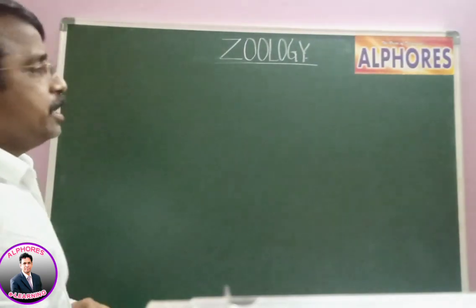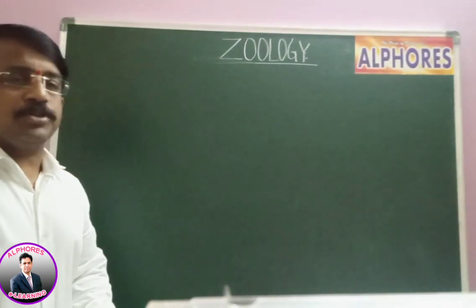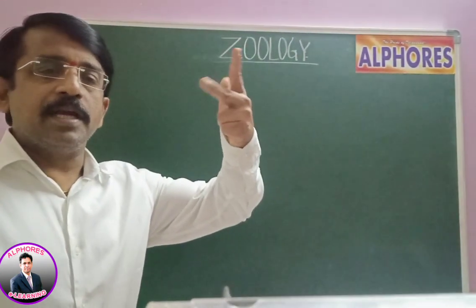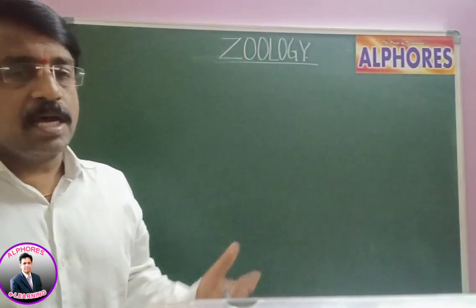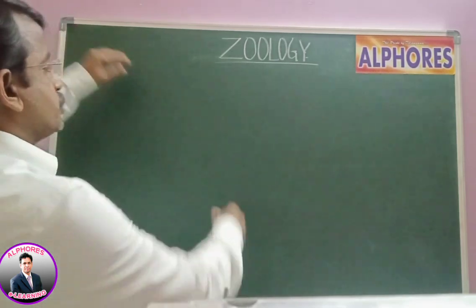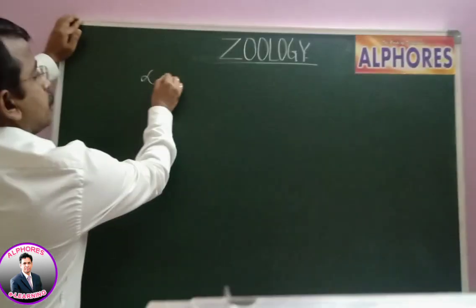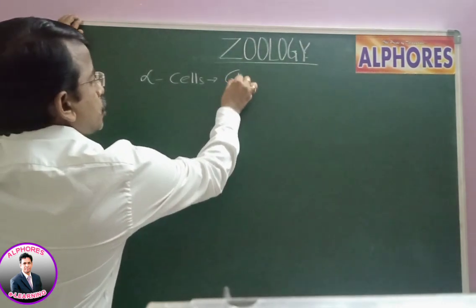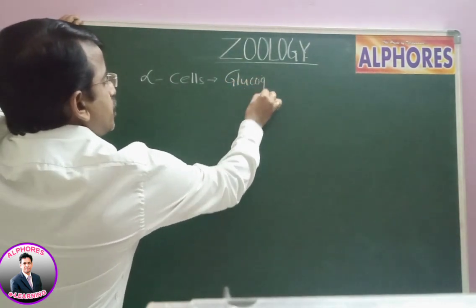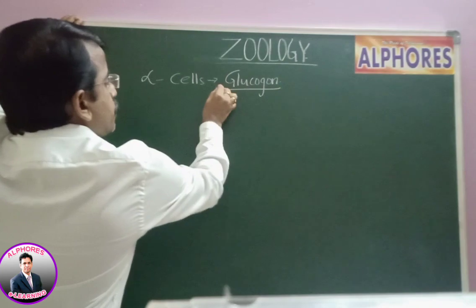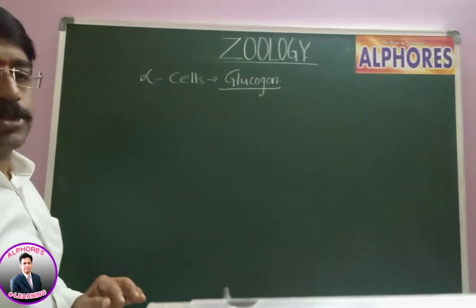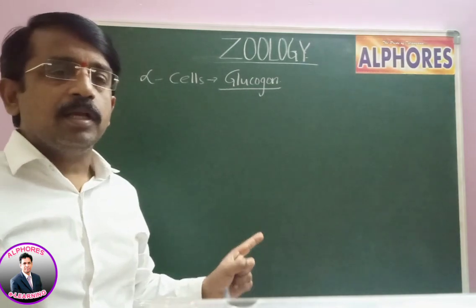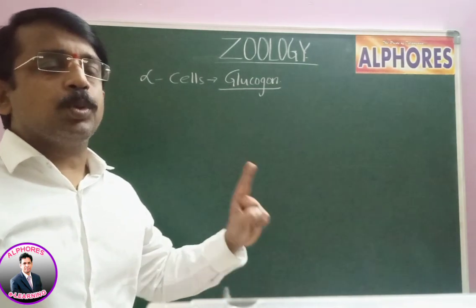These islets of Langerhans contain alpha, beta, delta and F cells. Alpha cells secrete glucagon. Glucagon is hyperglycemic, as it increases the glucose level by converting glycogen into glucose.